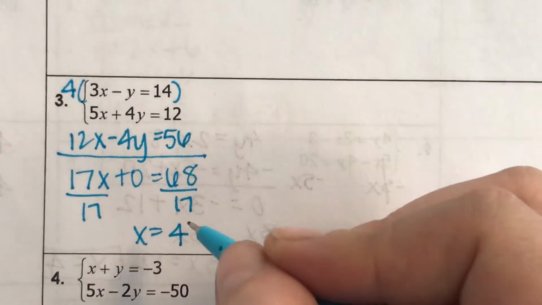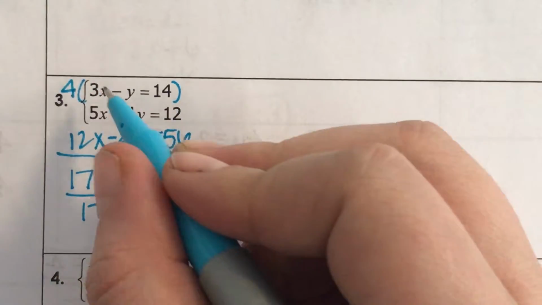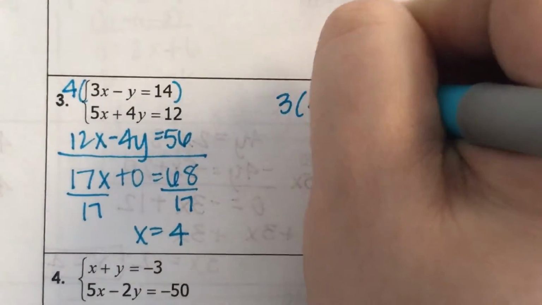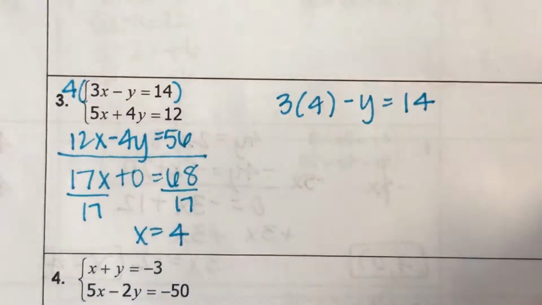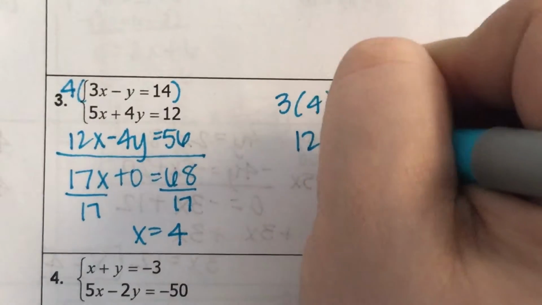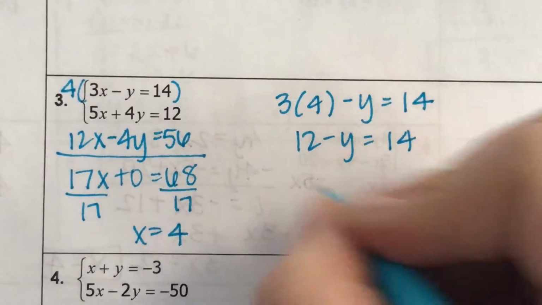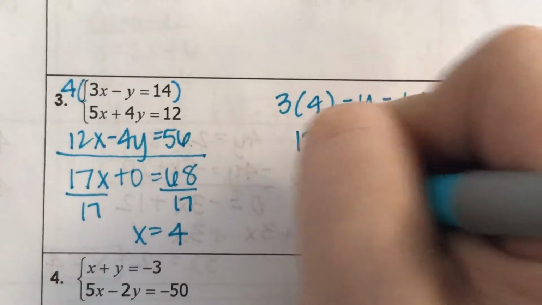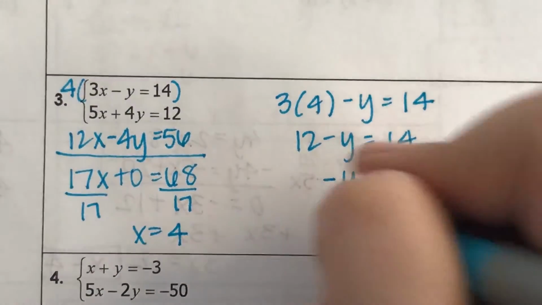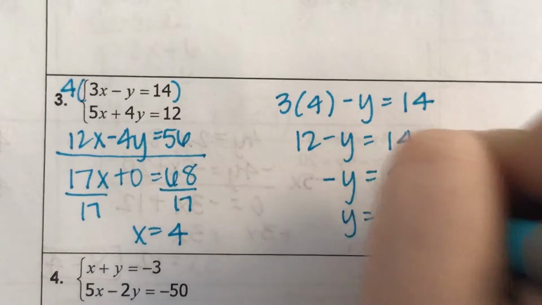Okay, I had to take this and plug it in. I'm going to plug it in the first one. So 3 times 4 minus y equals 14. Well, 3 times 4 is 12. If I subtract 12 from both sides, I get negative y equals 2. If I divide by negative 1 on both sides, I get y equals negative 2.